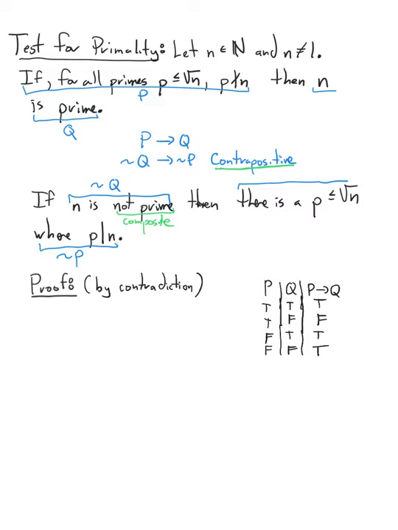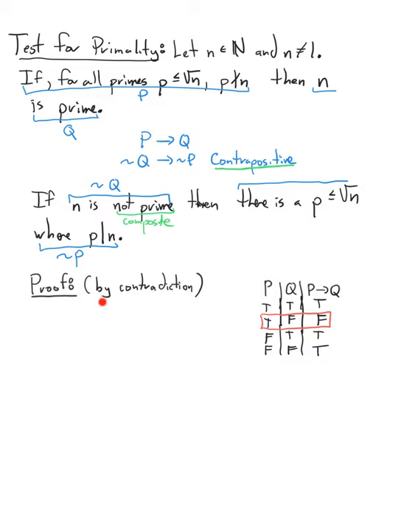So we want to show that this row never happens. One way we did it is we assume the if part is true, and then show that the then part must be true. Another way is to assume the then part is false and show that the if part must be false, so that we're avoiding this row.